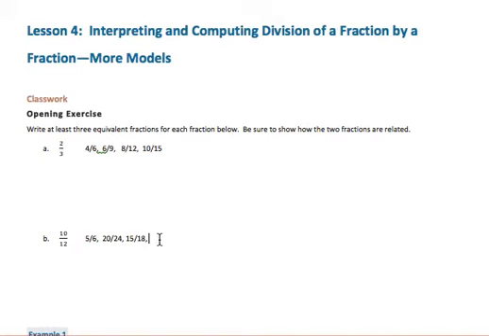We could take 15/18 and multiply both the numerator and denominator by 2, which would give us 30/36. So remember, an equivalent fraction can be built by multiplying both the numerator and denominator by the same number, or dividing both the numerator and denominator by the same number.